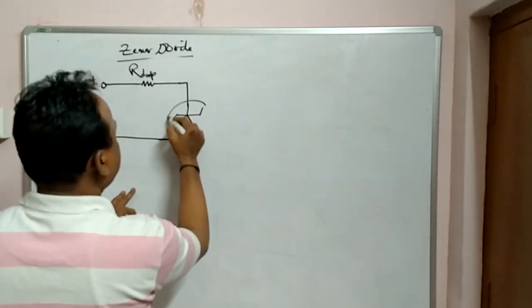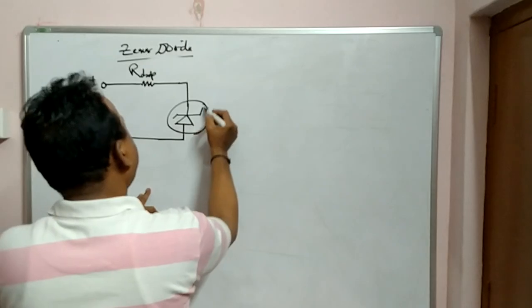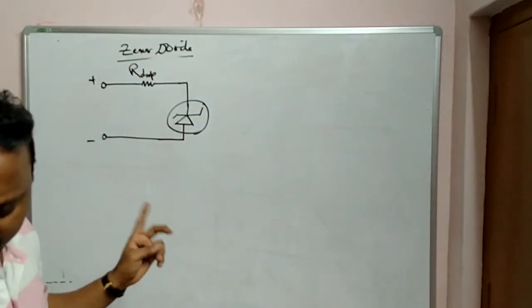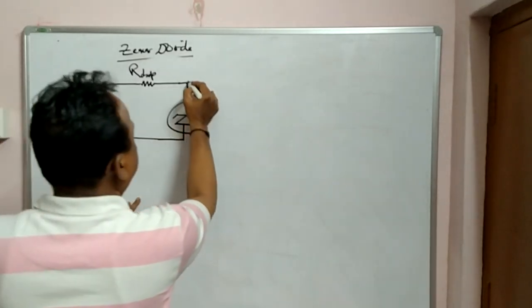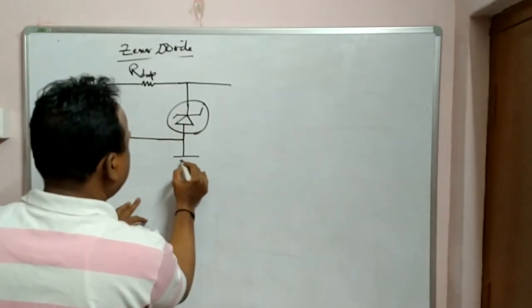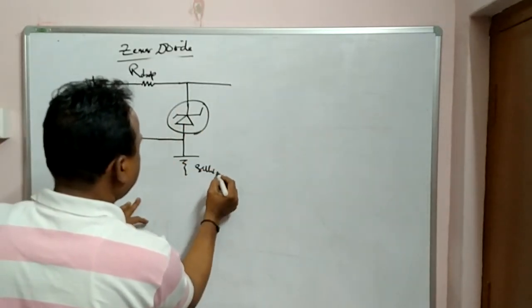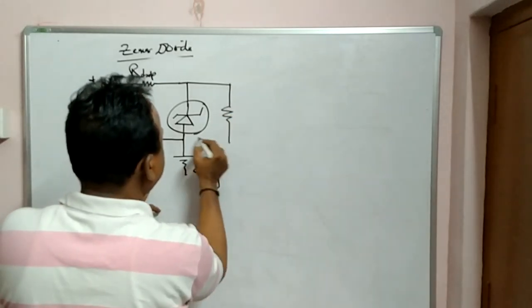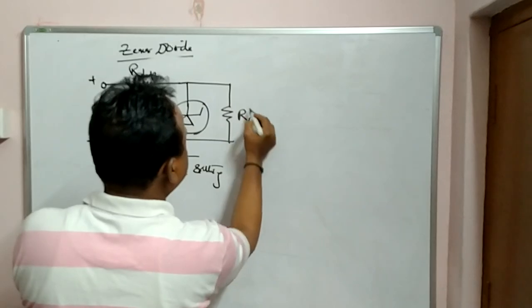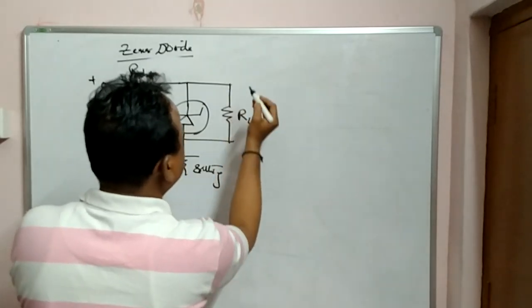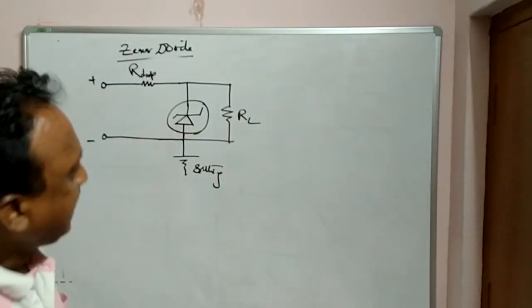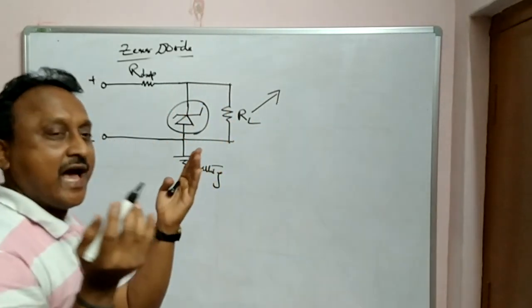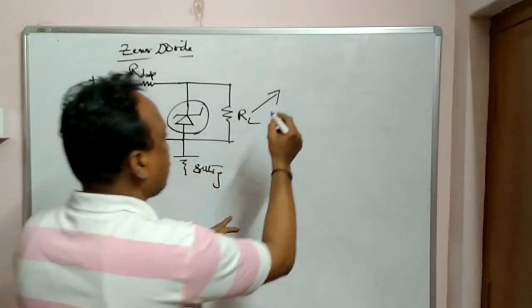This is the Zener diode. You can see N type is connected to the positive terminal. Reverse bias, P type to negative. For this we are also adding one external load resistance, RL. This is earthing. And this external load resistance is nothing but the electrical appliances, whatever you are using.